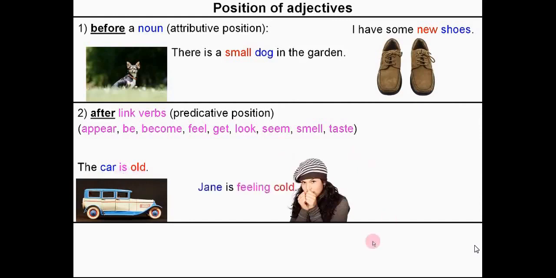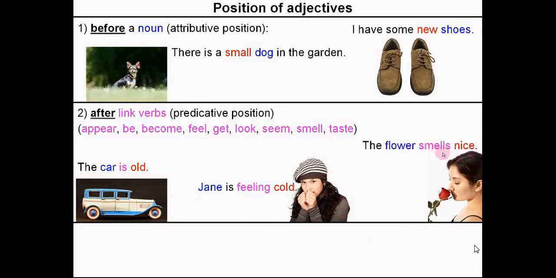Jane is feeling cold. So the adjective cold is after the link verb feel. The flower smells nice. So the adjective nice is after the link verb smell.